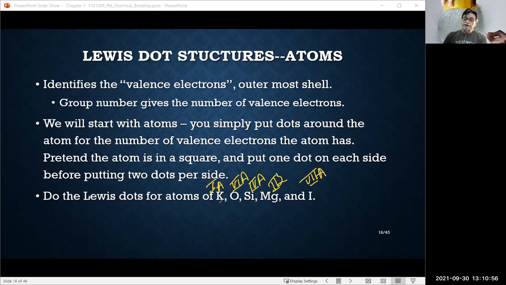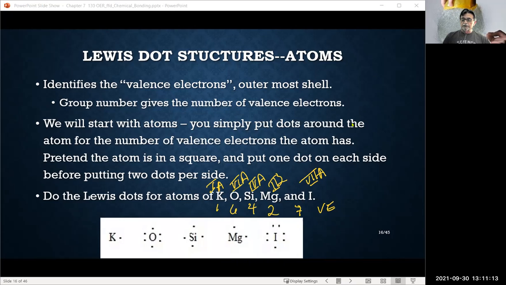Okay, so with that information, we got 1, 6, 4, 2, and 7 valence electrons to work with. And you simply put the symbol out there, place the valence electrons, and you end up with something like that. Okay? That's it. Nothing complicated. And that just shows the Lewis dot structure is showing you how many valence electrons each element has.